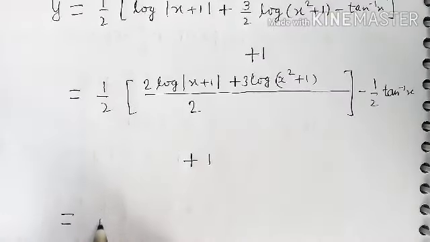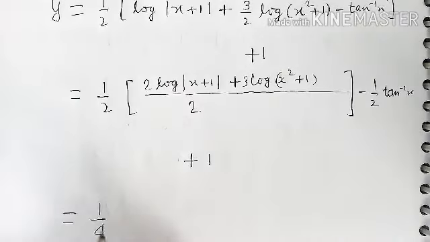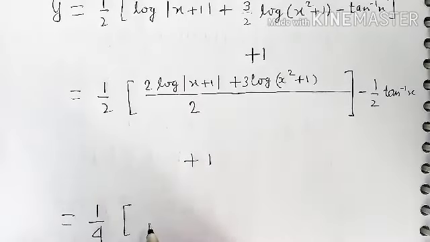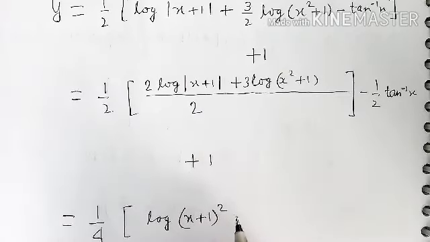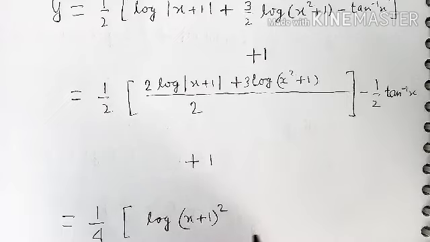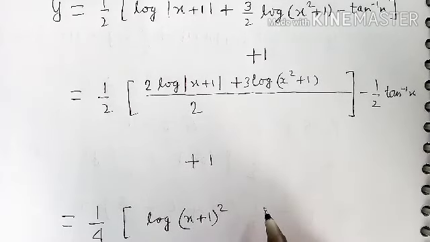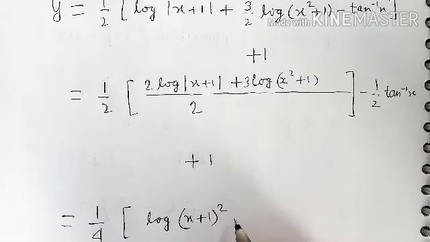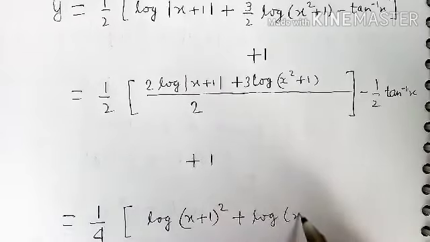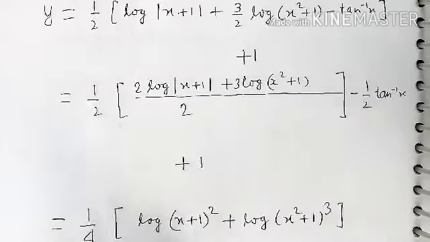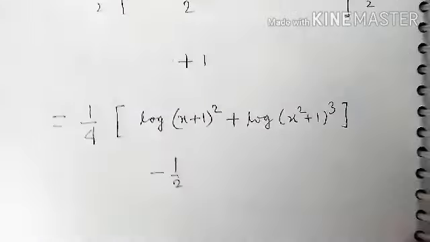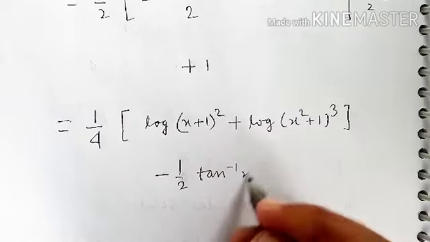From here we have 1/4 and within the bracket we can write log (x + 1)², the mod is removed because a square is always non-negative, and the mod of a non-negative is free from mod. So here we have log (x² + 1)³ minus 1/2 tan⁻¹ x plus 1.